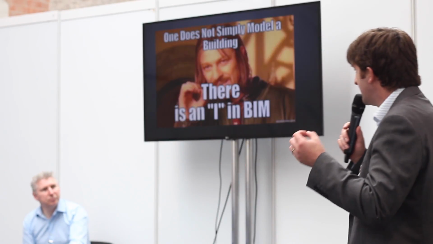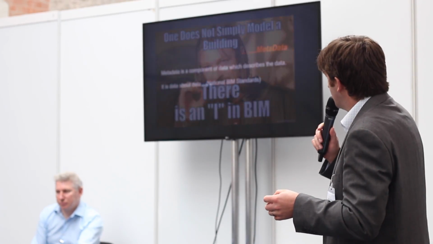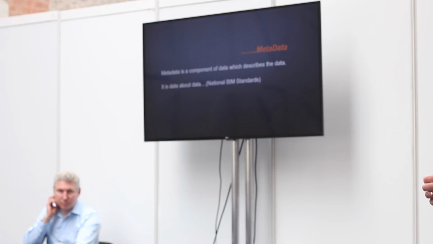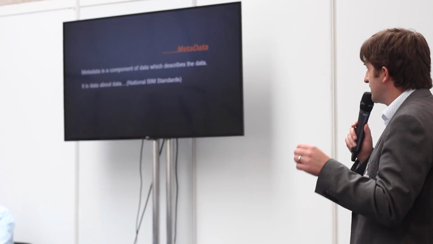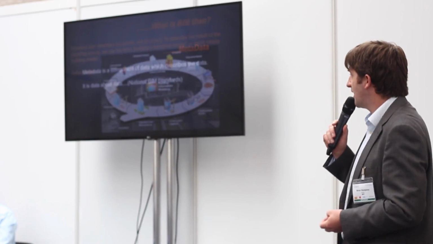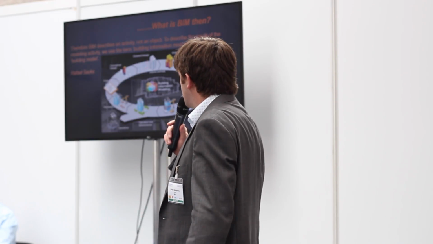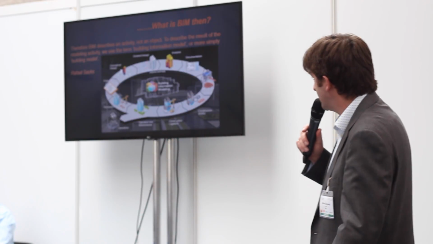I know the topic I'm talking about today is how we visualize it, but the I in BIM, again, is all about the information. It's the data that's held within it, the metadata, the component data which describes the data about data. So it's that inherent quality of the BIM model that shows us what we need to do. So what is BIM? It describes an activity, it's not an object.